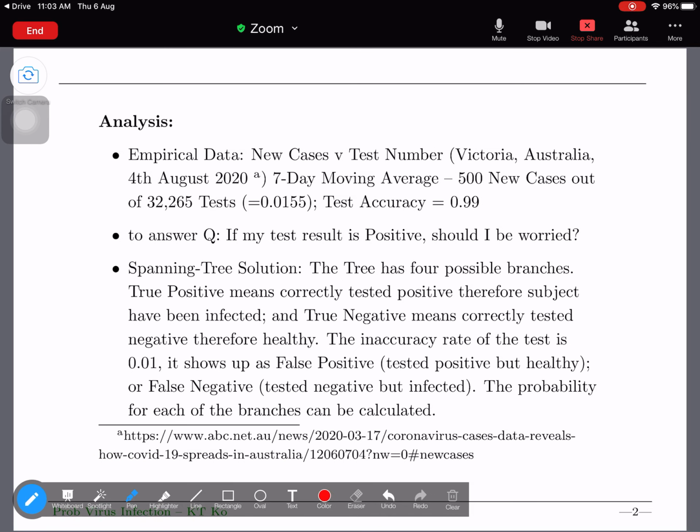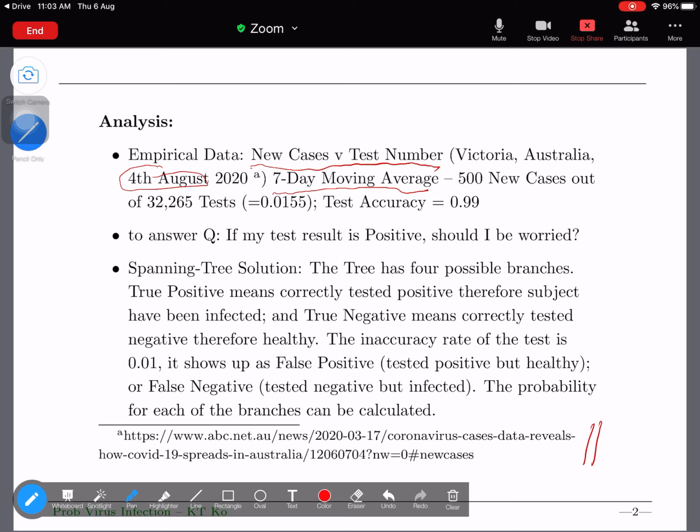In this talk, we will be using data from the ABC site in Australia, and it is very good data. It gives us the 7-day moving average on a particular day. The day I chose is the 4th of August, because it was the latest when this note was taken, and the one I use is new cases versus test numbers.